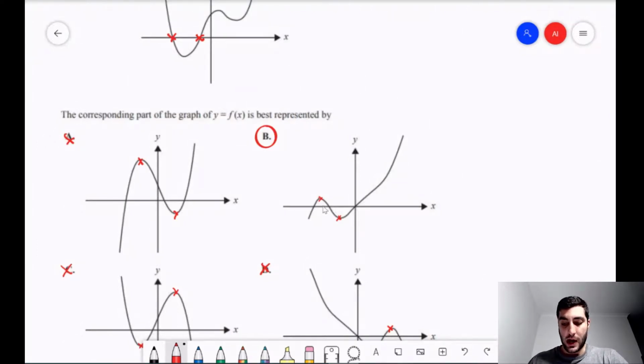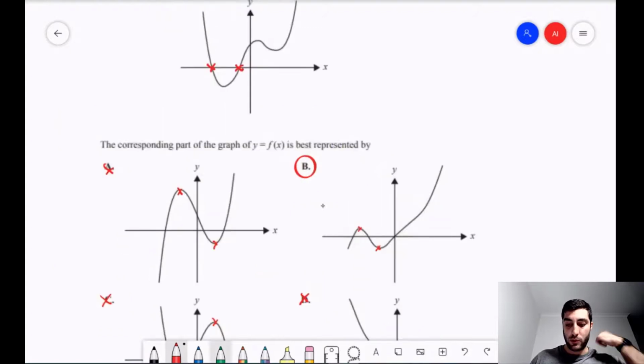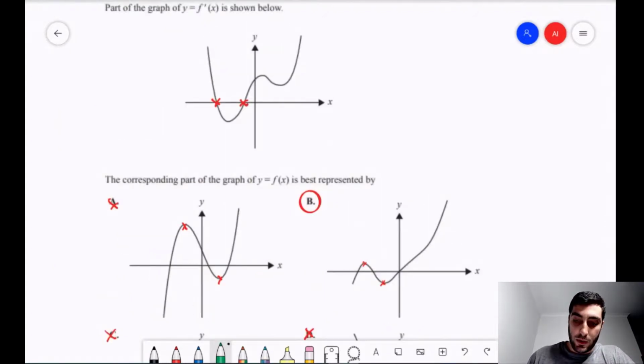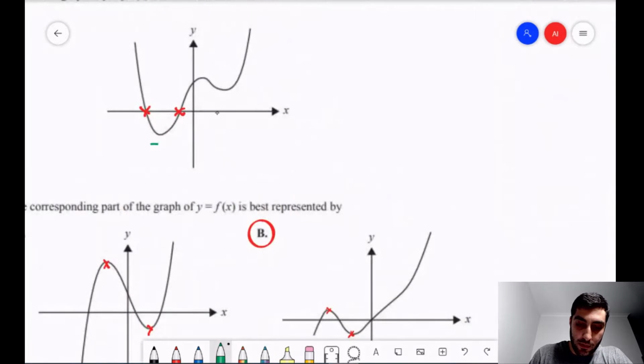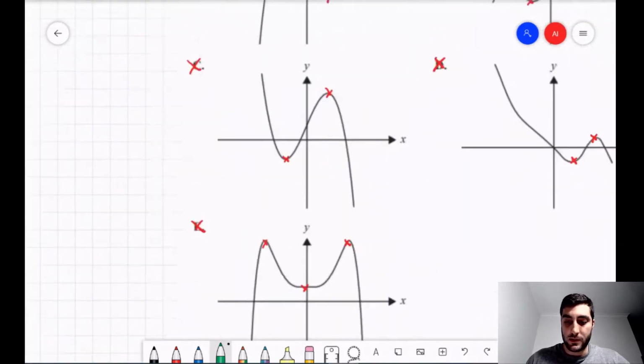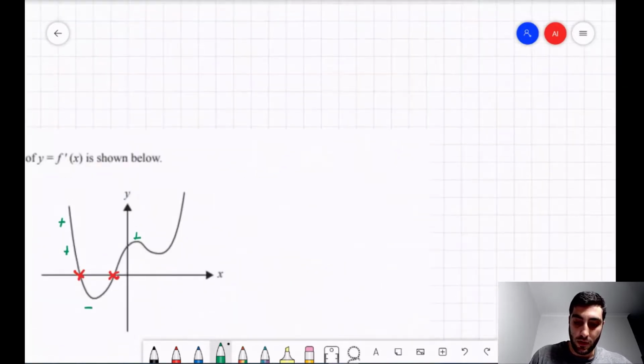If there was other closer solutions and you need to provide a bit more detail, then what I would do is recognize that between these 2 stationary points, the function f dash of x is below the x-axis, meaning it's negative, right? So we've got a negative gradient here. Everywhere else, it's positive. So positive gradient, positive, as it gets really positive over here.